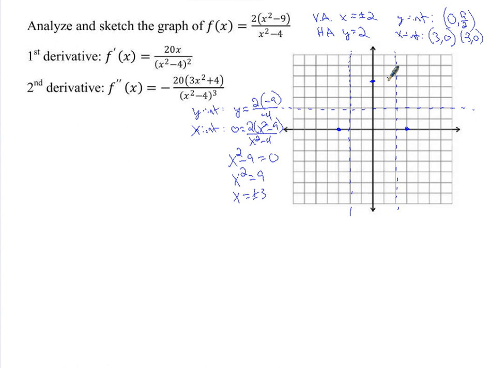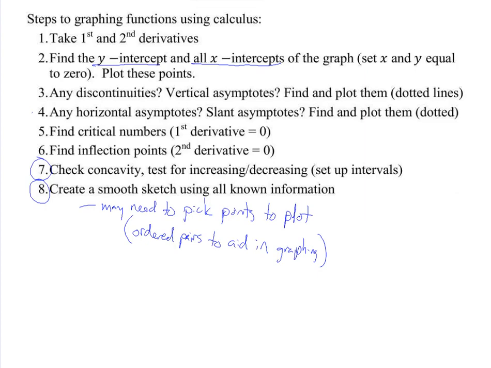And that's just a guess. We don't want to do anything with that just yet. So okay, let's see. We have y-intercept, we have x-intercepts. We have our asymptotes marked down if we need them. So let me go back to the steps, and we've done this, we've done this, we've done this.